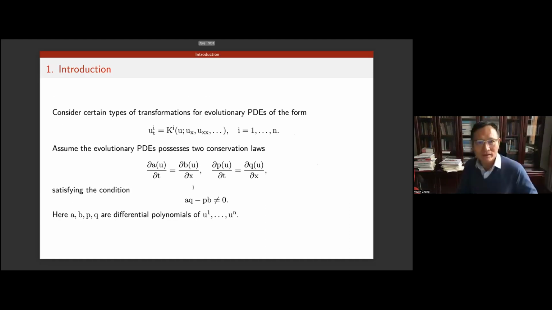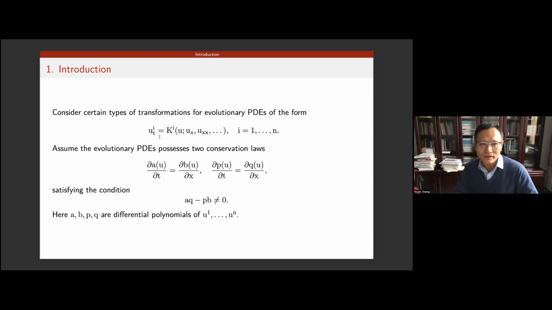So let me recall what we mean by the name reciprocal transformation for PDEs. We are considering certain evolutionary PDEs of this form. So we have n unknown functions, u1 to un, and we have a spatial variable x and time variable t.